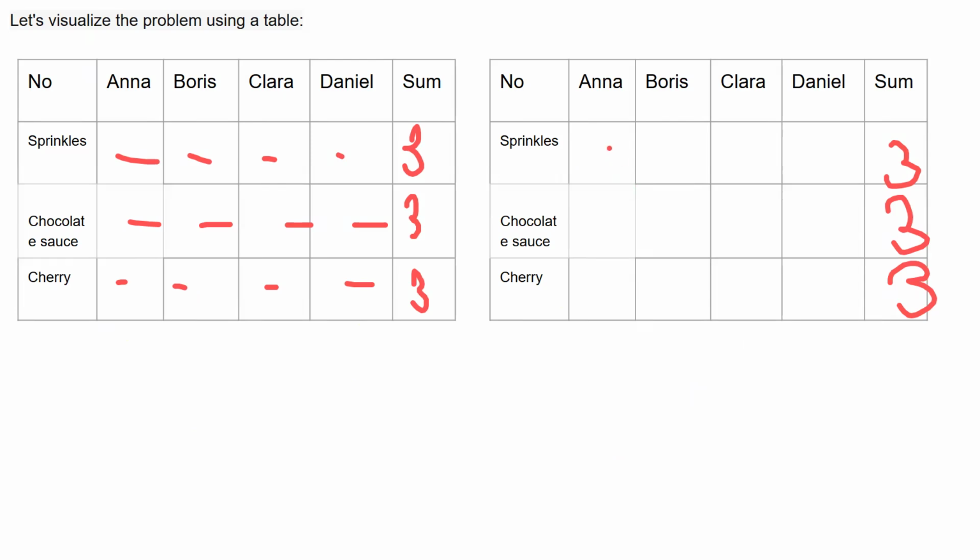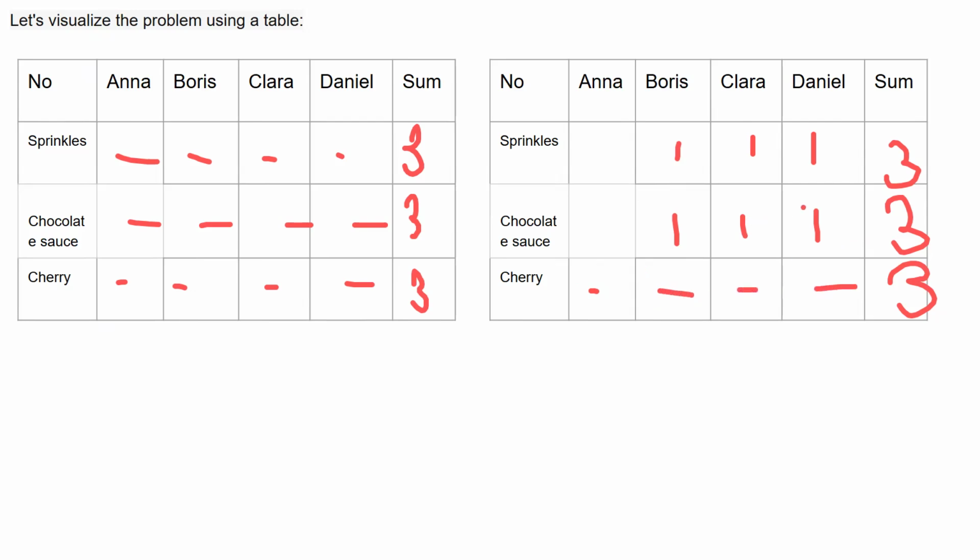If we assume that, what will happen? Then obviously Boris, Clara, Daniel will have chosen sprinkles and chocolate sauce.